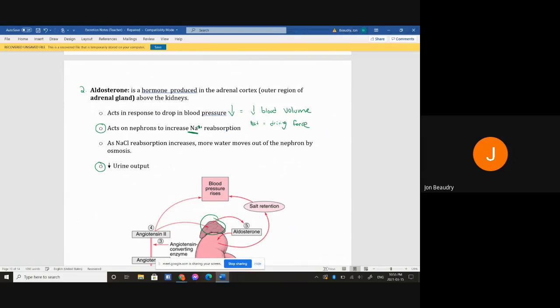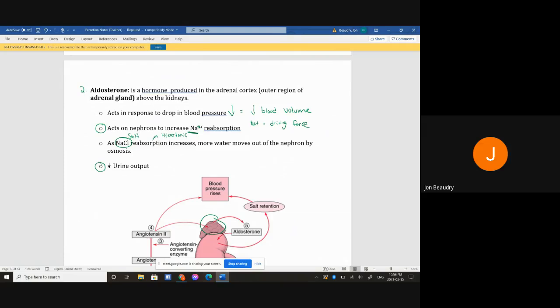So think of it this way. As sodium chloride, which is a salt, is reabsorbed and reabsorption increases, more water will move out of the nephron by osmosis. So if NaCl reabsorption increases, again, my interstitial space is becoming hypertonic. Relative to my nephron, I have a higher concentration of salt particles outside of my nephron compared to inside.